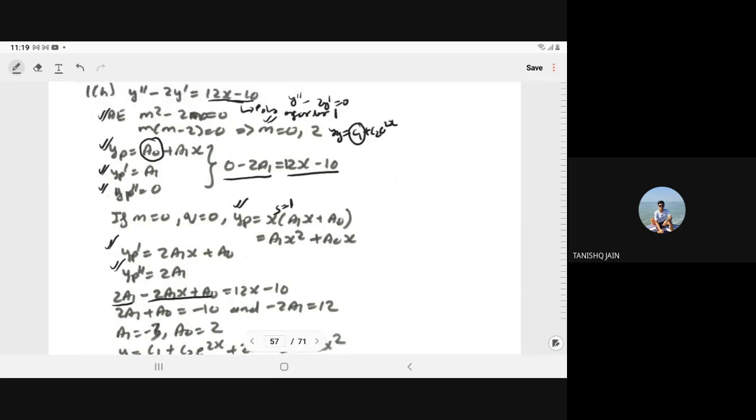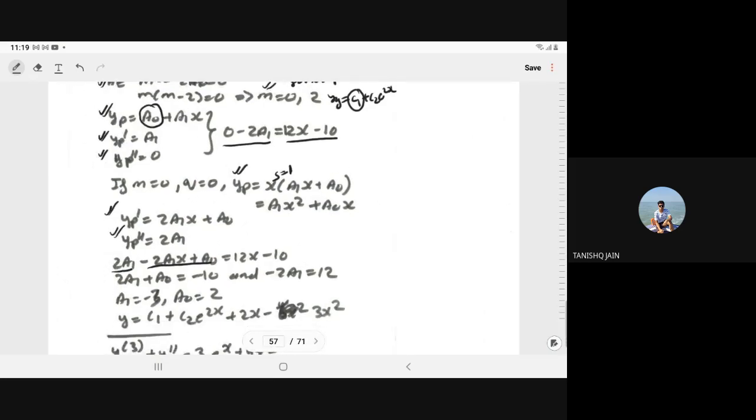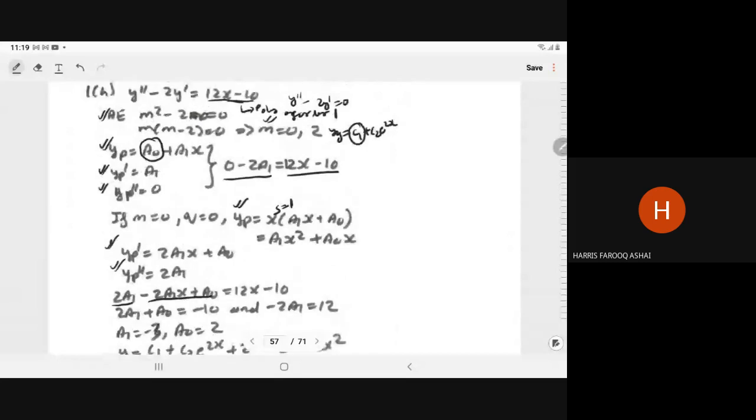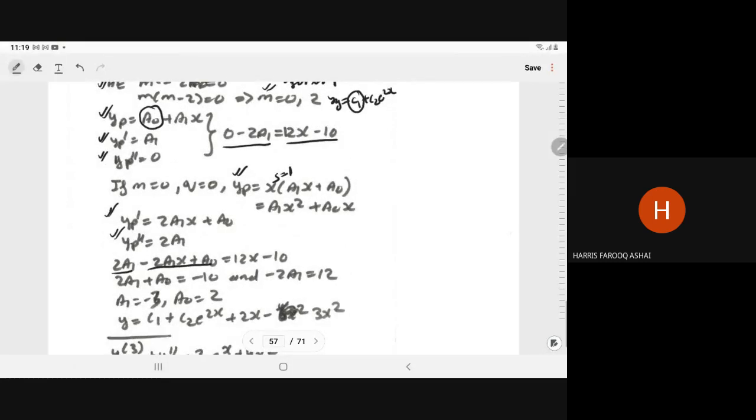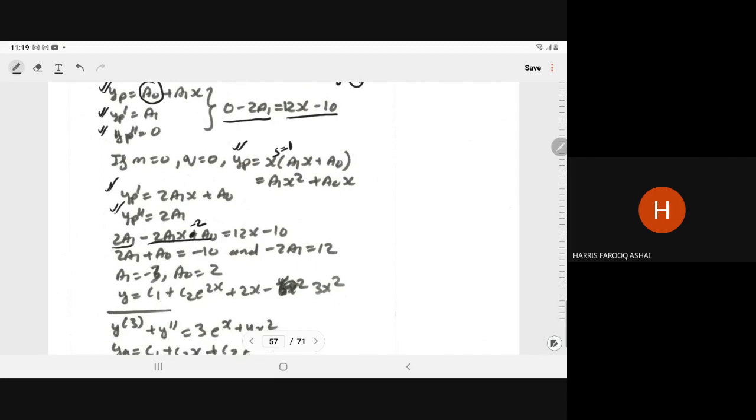Some mistake, I think. yp dash, 2a1 x, and a1 plus a naught, so it is the minus 2a naught.